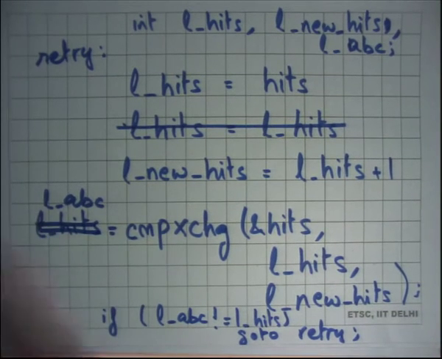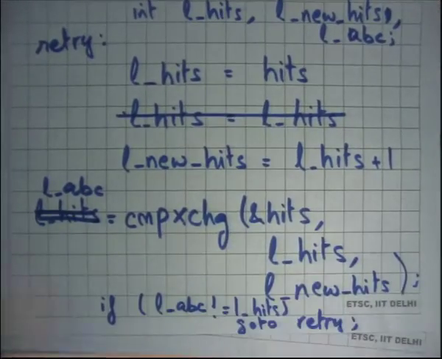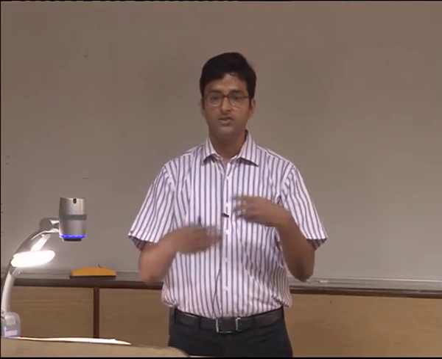You can write it in a loop form. I am just using go to because of lack of space, but basically you just want to retry the transaction. You can write it as a while loop, for example, also, it does not matter. So this code is ensuring the atomicity of hits plus plus, but in a transactional way.